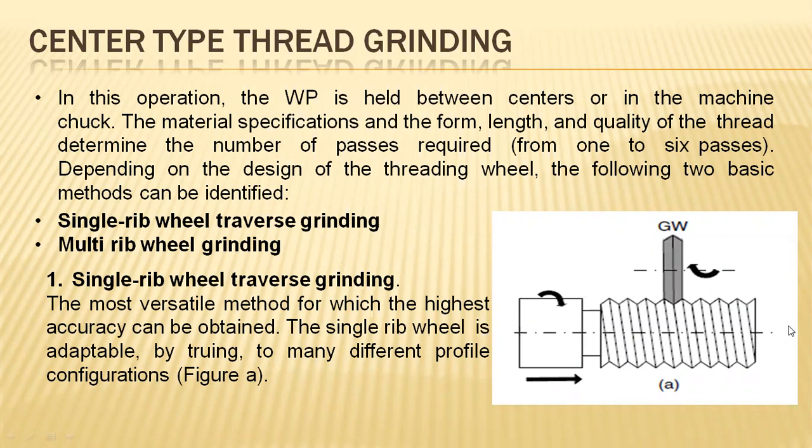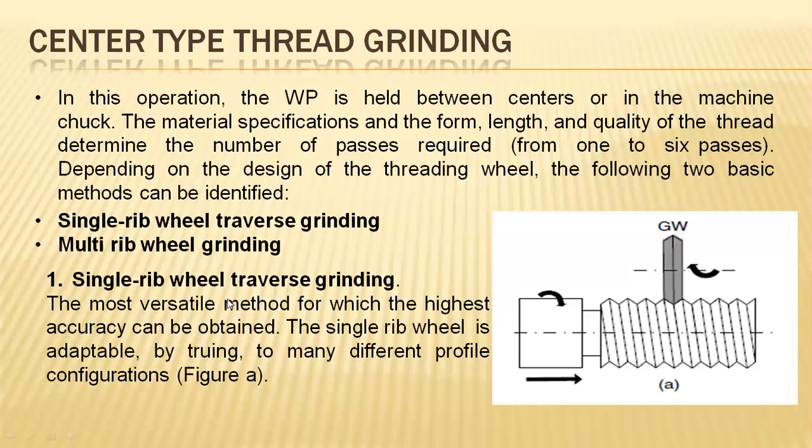For each, how many threads need to be obtained and on what basis will be commenced by the tool part. Here we have two different methods identified: a single rib wheel traverse grinding process and a multi-rib wheel grinding process.